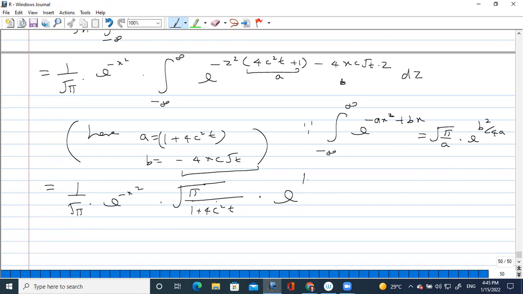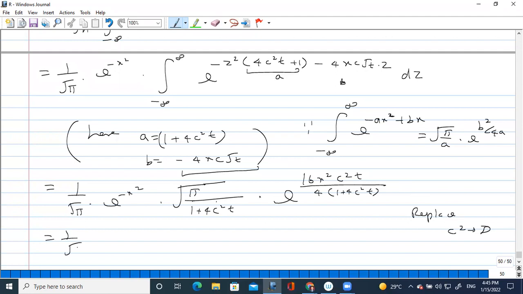It will be 16 x square c square into t divided by 4a, 4 into 1 plus 4 c square t. Done. So only this much. So now you can replace c square by d as per our question.